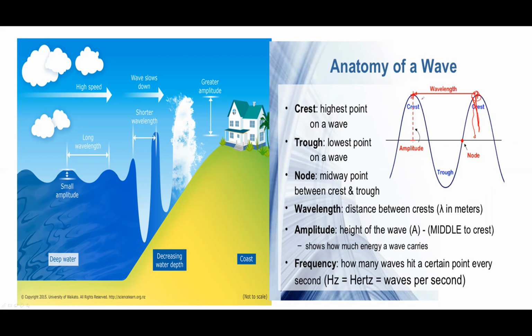Wavelength is the distance between two nodes or two antinodes. After this distance, the wave repeats itself.